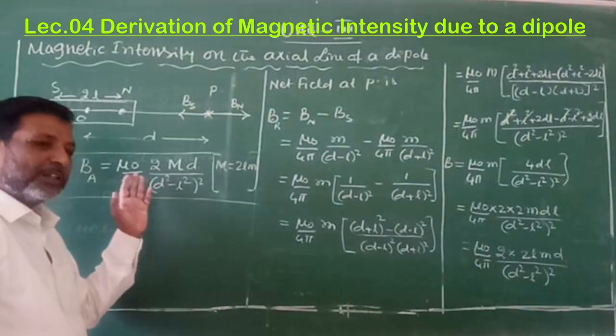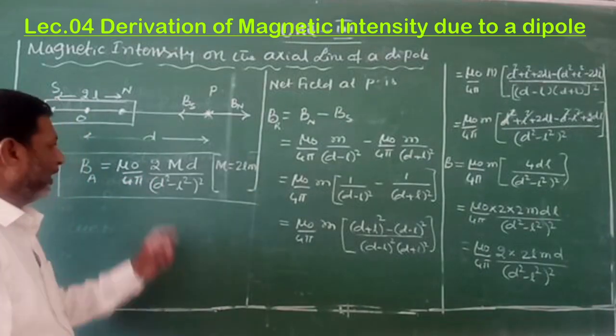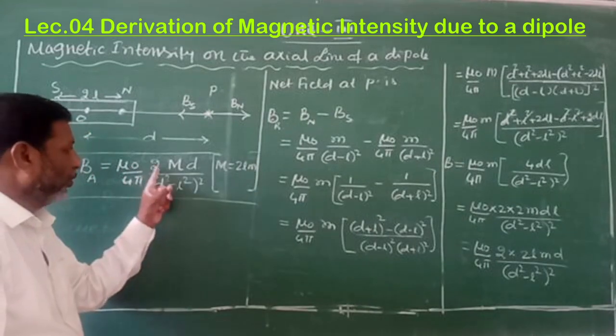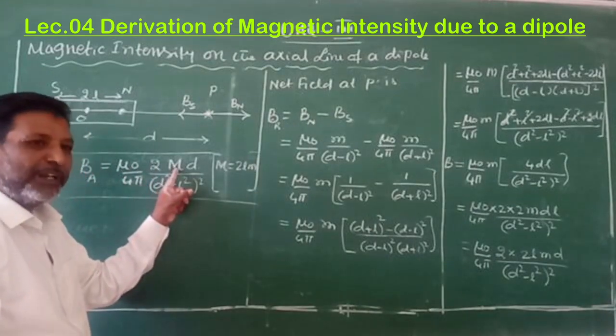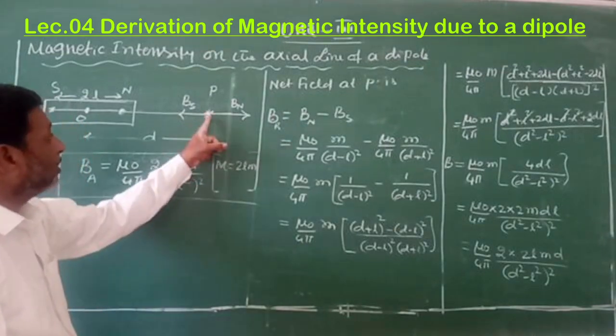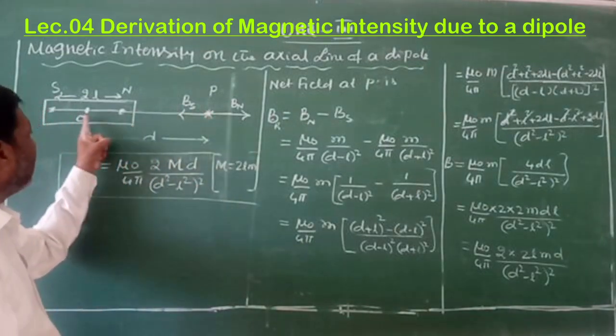Now, in this one, all the factors are known to you. Mu naught divided by 4 pi is a constant. M is the magnetic moment. Small d is the distance of the point from the center of the magnet.